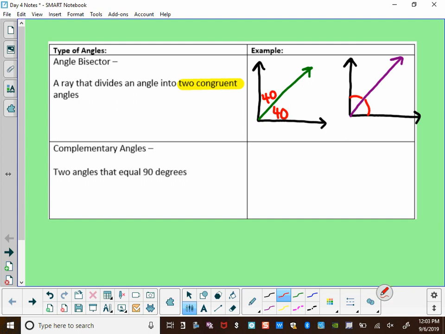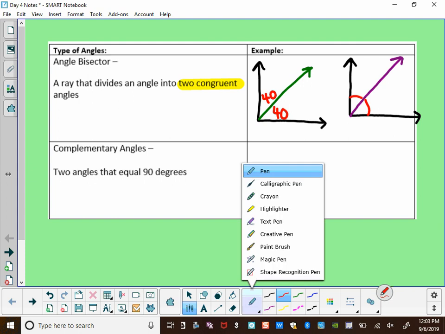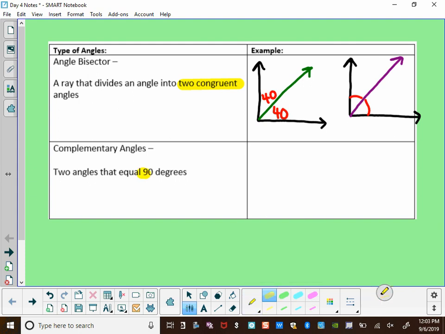All right, complementary angles. 2 angles that equal 90 degrees. Super important. 2 angles that equal 90 degrees. So let's say I have an angle here. I know it's a right angle because of my square there.